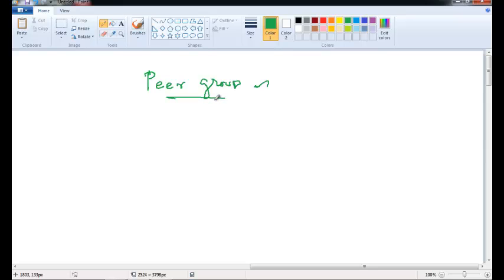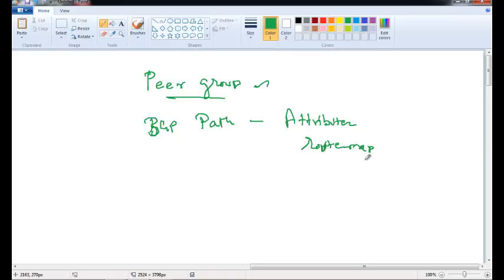So BGP peer groups are one topic that we will learn, and we will get into BGP path attributes, which is very important, in which we will be learning all attributes. Plus we will also learn something called route map. Route map is not BGP, but route map can be used with BGP.